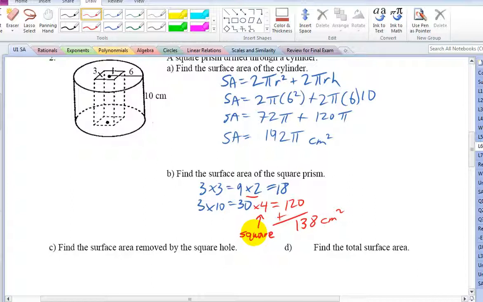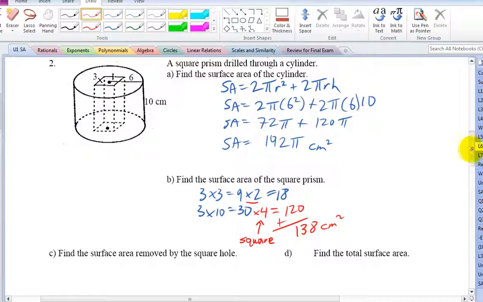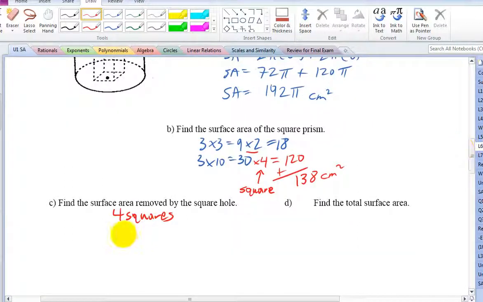Now again, for the square hole, how many squares are you removing? 4. Okay, 4 squares. So that would be 3 times 3 times 4. 9 times 4, 36.